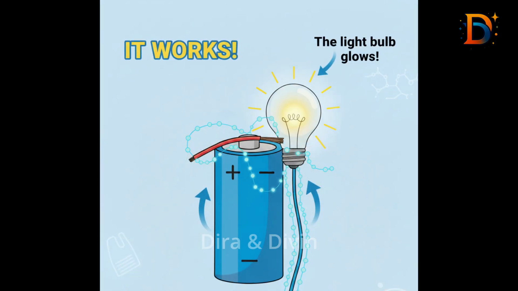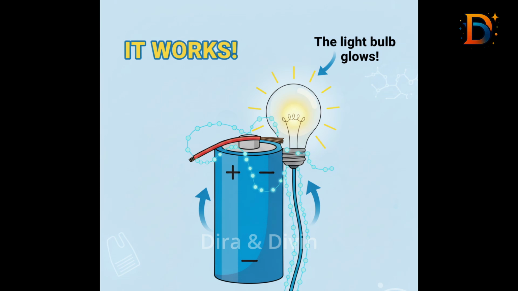Electricity and circuits let us use and control energy safely every day. By building a simple circuit, kids discover how electricity needs a complete path to make gadgets work.